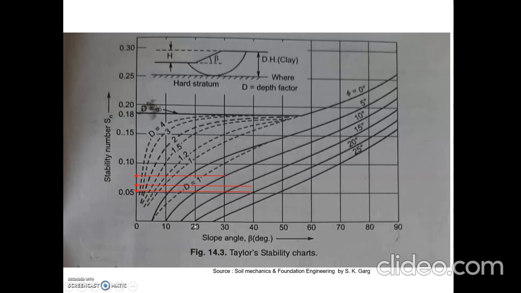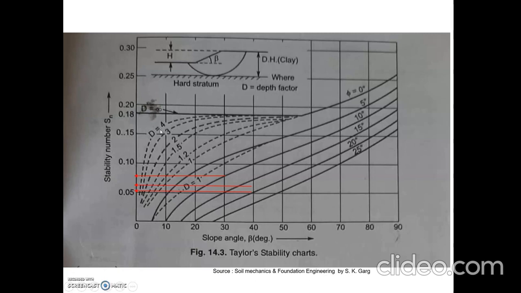So this is 10 degrees, 20, 30 and so on. And on the y-axis, stability numbers are shown ranging from 0.05 to 0.3. So this is 0.05, 0.1 and so on. And here we can see various curves for angle of internal friction phi equal to 0, phi equal to 5 degrees, 10 degrees, 15, 20 and 25 degrees.